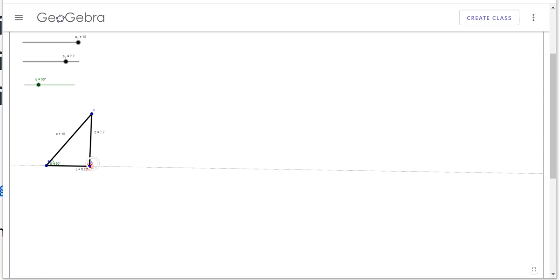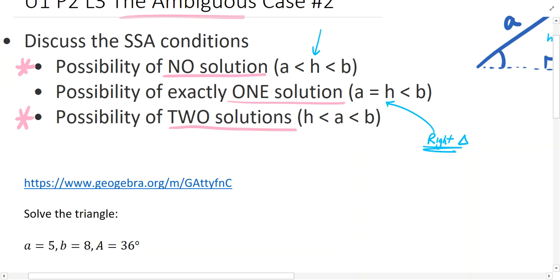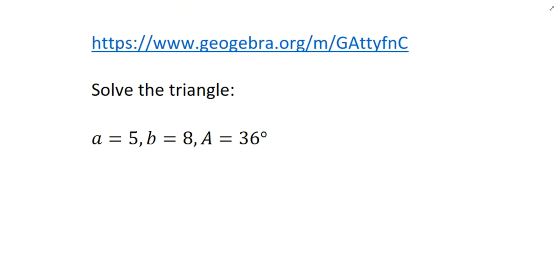So that's a little hard to replicate in this diagram, but if the height of the triangle is the same as the side length associated over here, well, if the side length and the height are the same, the angle measure in this corner has to be 90 degrees, and we're dealing with a right triangle. So the time that case number 2 produces exactly one solution, we will find ourselves working with a right triangle.